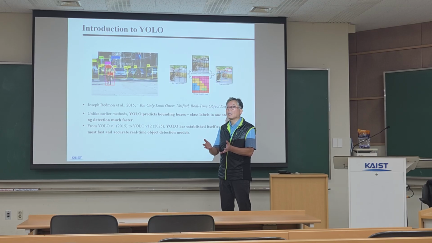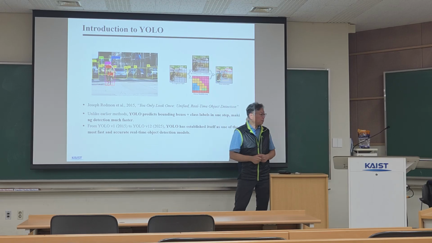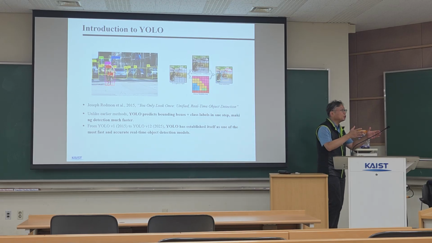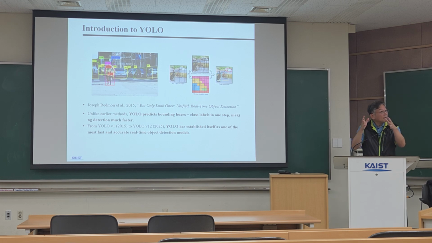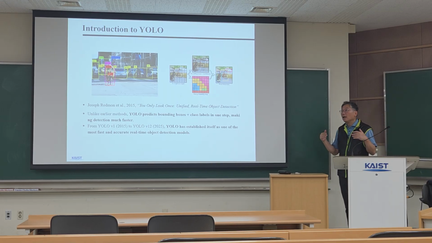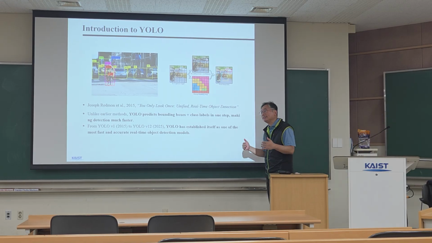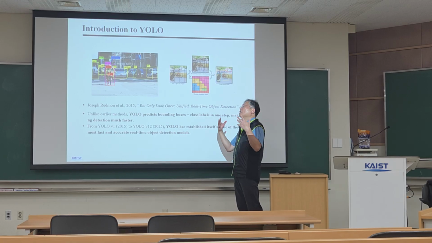Based on that proposal, you do classification to find out where the objects are. So it's two-stage: RPN and then classification on proposed regions. That is Fast R-CNN, Faster R-CNN, and that tends to be more accurate.